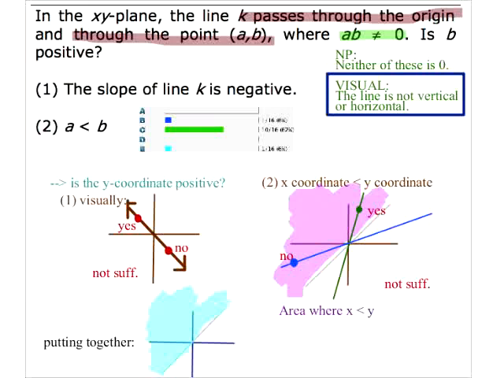So if you combine those things, then your point's got to be in this quadrant right here. So that's enough to guarantee that the y-coordinate must be positive. Any questions about that? If you have questions about that, that's sufficient. So the answer is C.